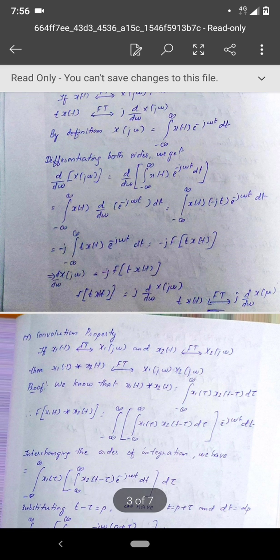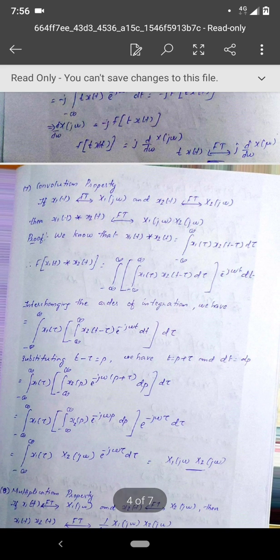Now the seventh very important property, the convolution property, and we know what we do in a convolution. If x1 of t leads to X1 of j omega, and if x2 of t leads to X2 of j omega, then if we convolve those two signals in time domain, what happens correspondingly if we find the Fourier transform?